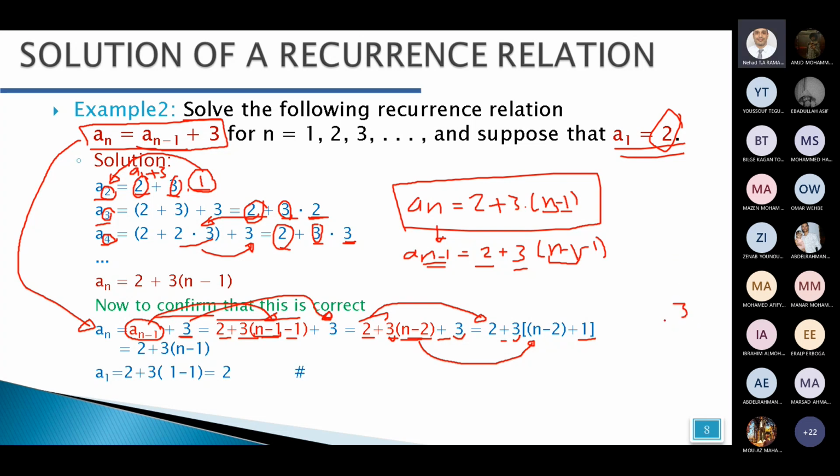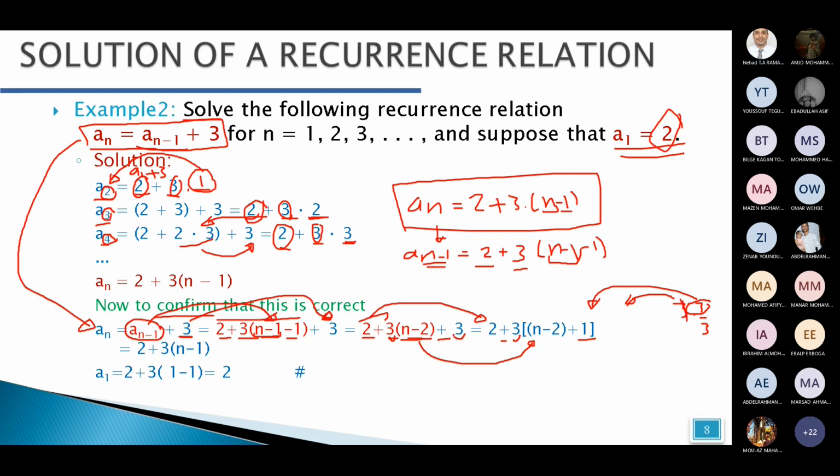Why 1? Because when you have a 3 and you want to take it outside, you multiply by 3 and divide by 3. Same idea. Take this 3 outside. What is inside? When you multiply by 1, you did not change anything. 3 divided by 3 means 1.